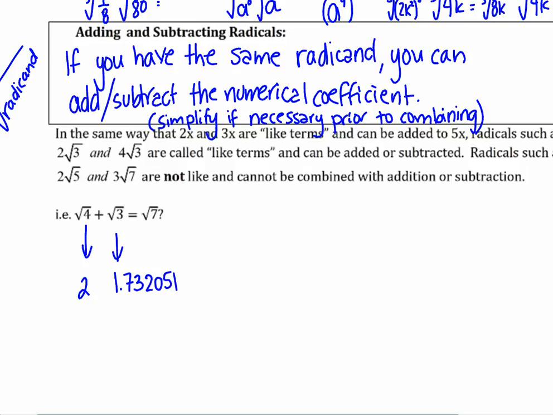Okay? What is the square root of 7? Is it 3.7? No. 2.645751. So are those equal? No, those are not equal.